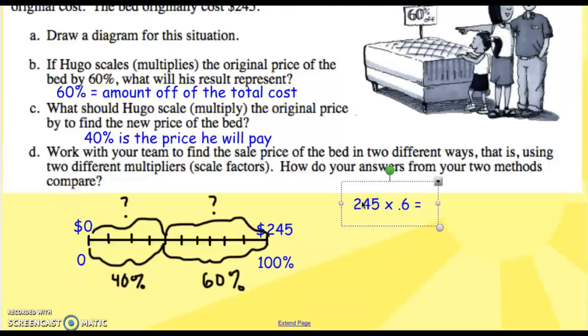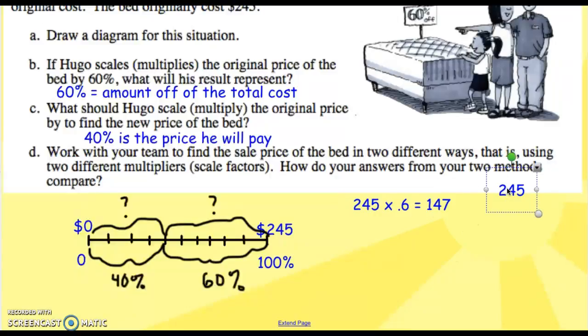So if you'd like to get your calculator out and do 245 times 0.6, I'll give you a second to do that. Hopefully you got 147. So 60% off is $147.